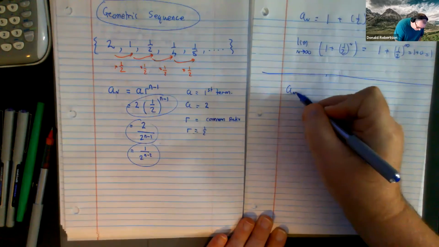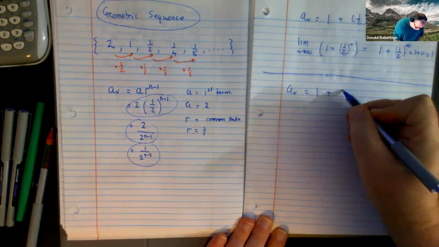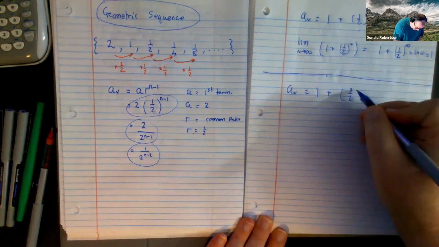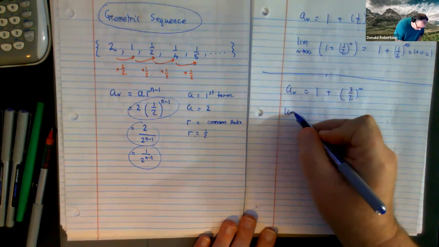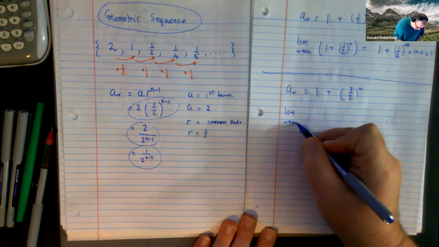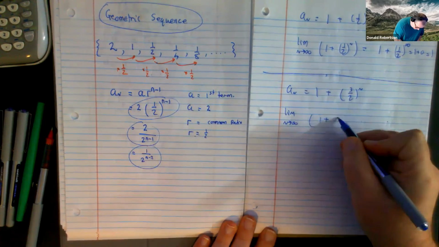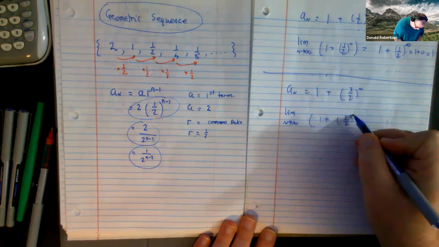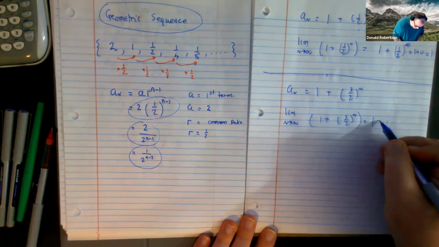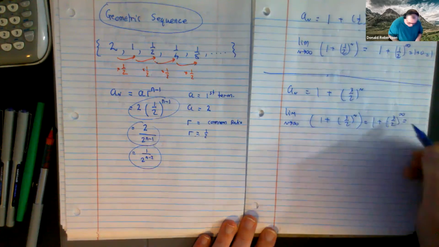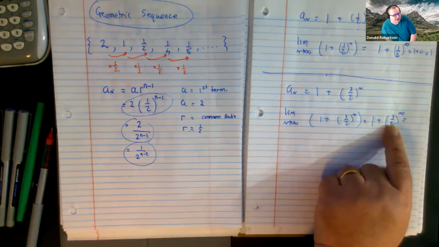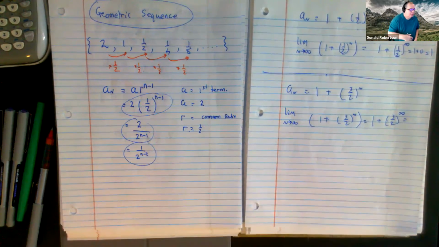How about this very similar looking sequence? If I find the limit as n tends to infinity this time, I have to ask myself, what happens to 1.5 when it's to the power of infinity?